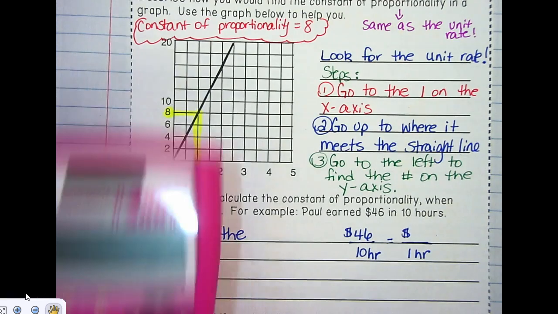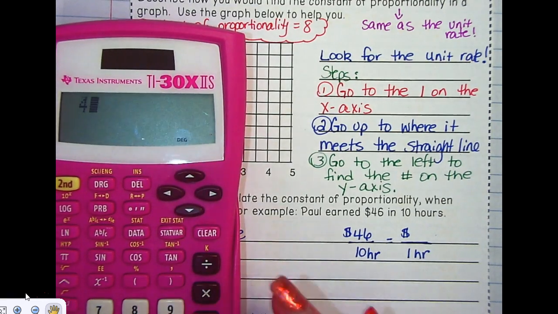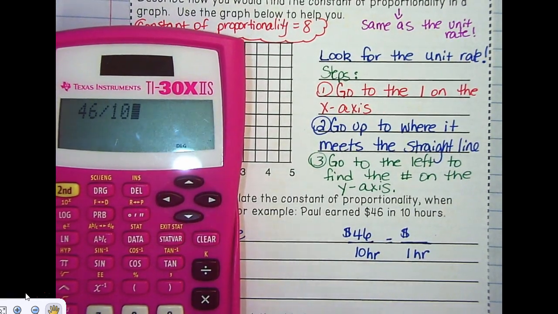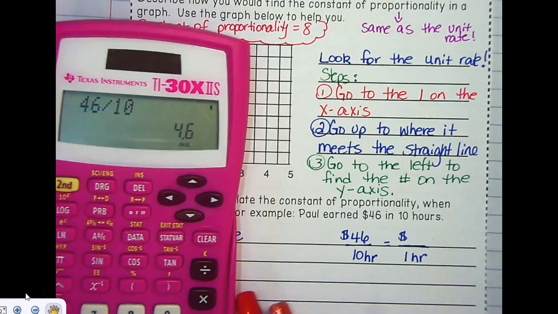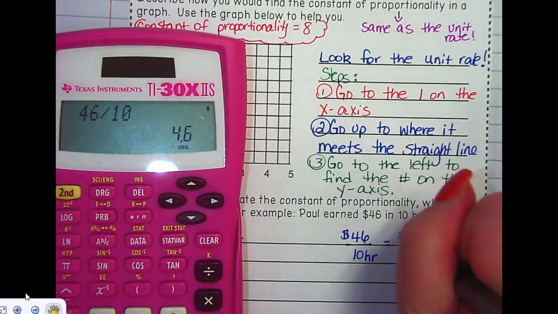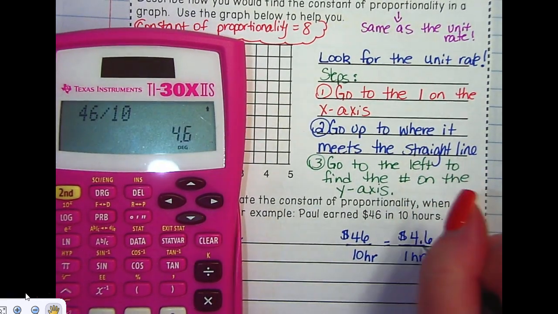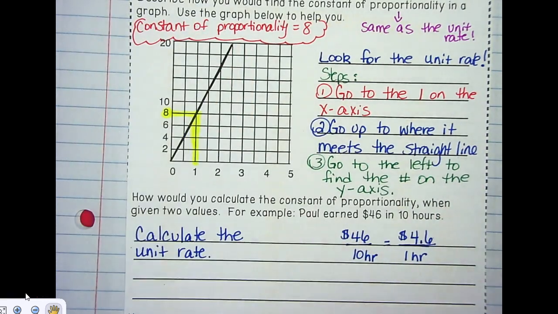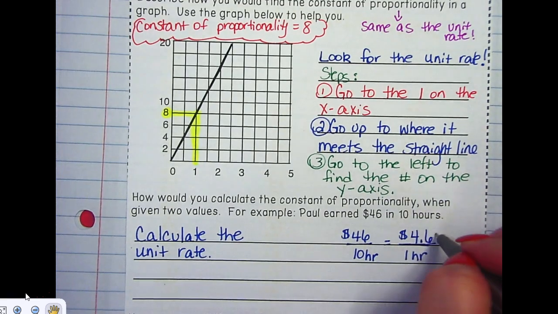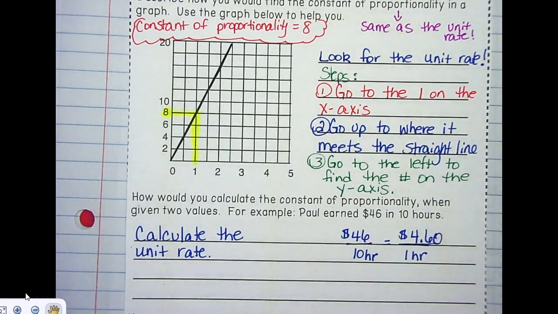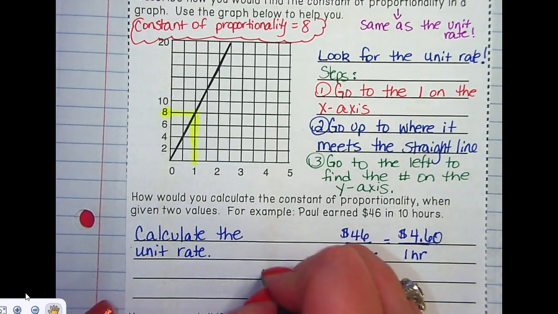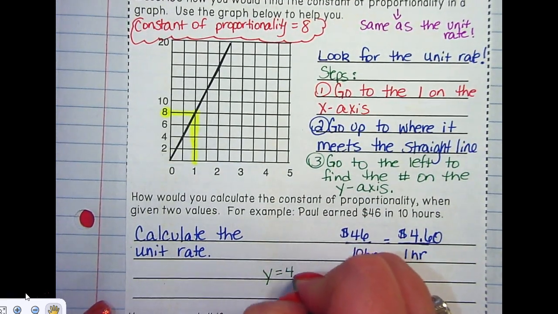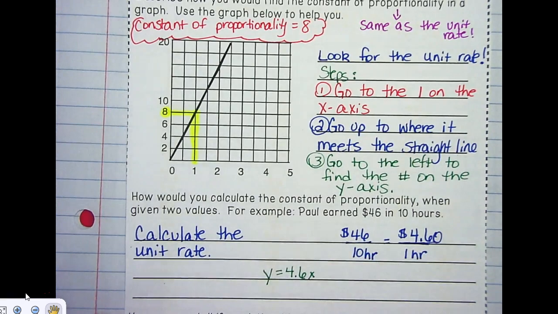Yes, 46 divided by 10, and you get 4.6. And so what is that as money? $4.60. So the equation would look like y equals 4.6 times x.